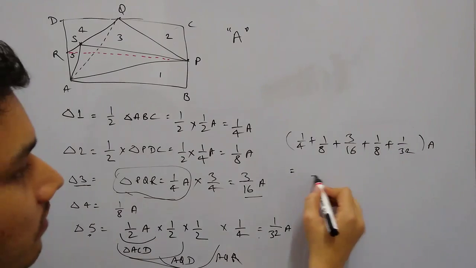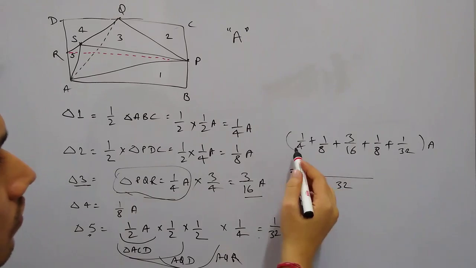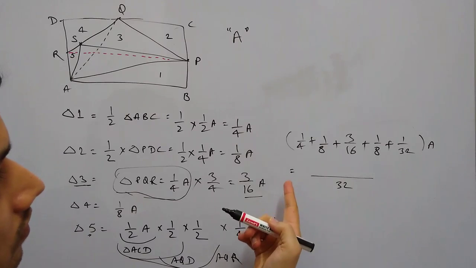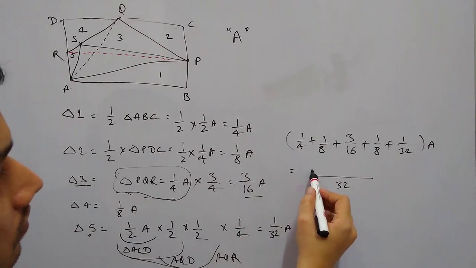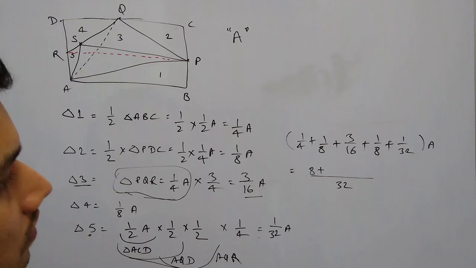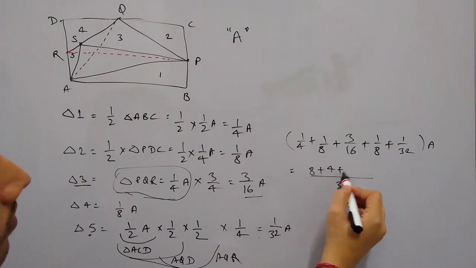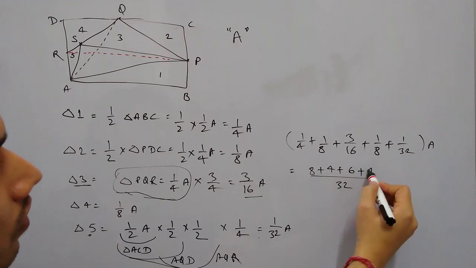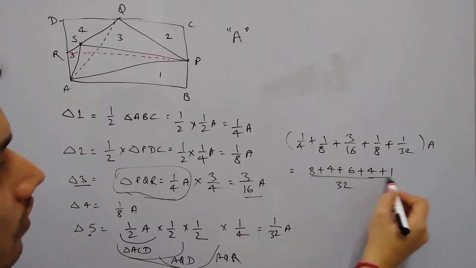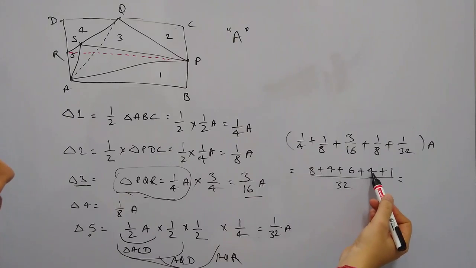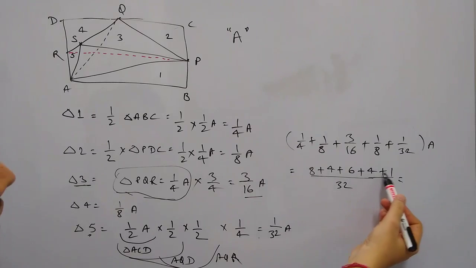So if you take LCM, it will be 32 and 8 plus 4 plus 6 plus 4 plus 1. So we have 12, 18, 22 and 23.